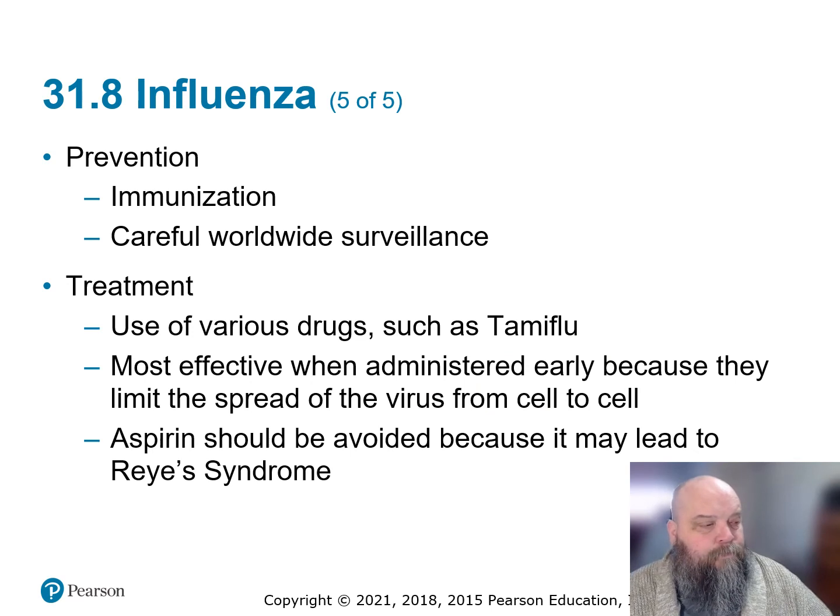Tamiflu is great if you take it early on, when you think, oh, I'm starting to get sick, I'm starting to feel a little fluish. Tamiflu, if I remember correctly, inhibits neuraminidase activity. The virus gets into one of your cells, hijacks, takes over, makes all the copies.